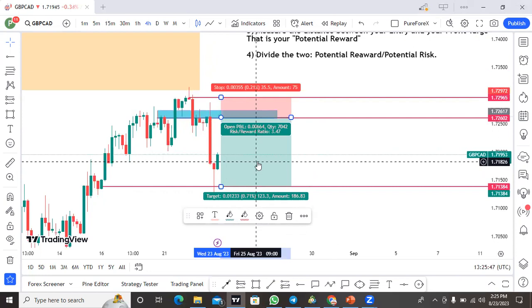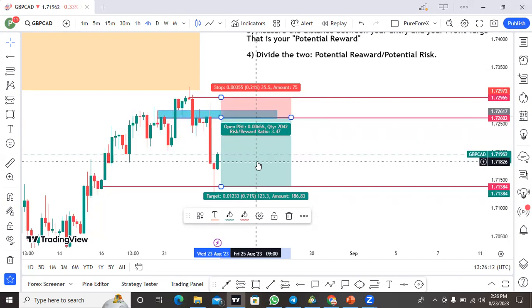Which means our risk to reward ratio on this particular setup is 3, which is a very good risk to reward ratio. So we are going to enter this trade without fear or favor when GBP gets to where I'm expecting to enter this trade. So this is how, guys, to determine risk to reward ratio before taking a trade.